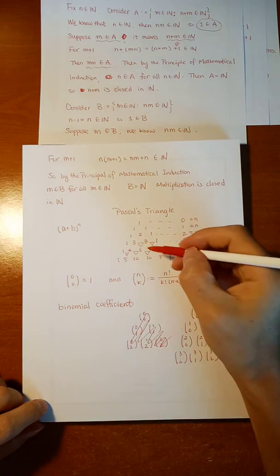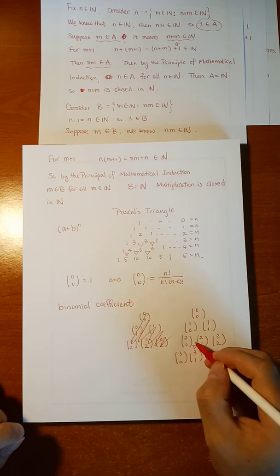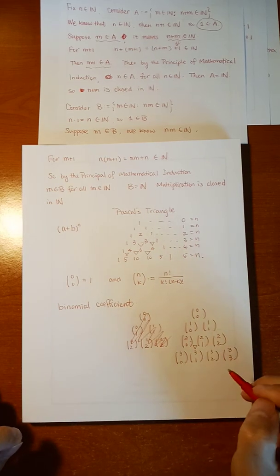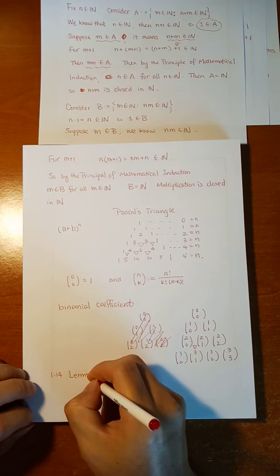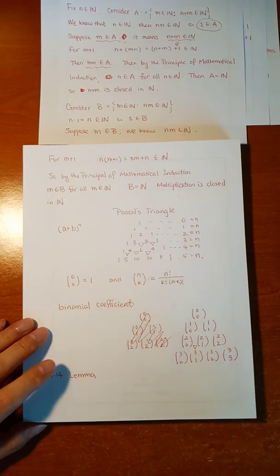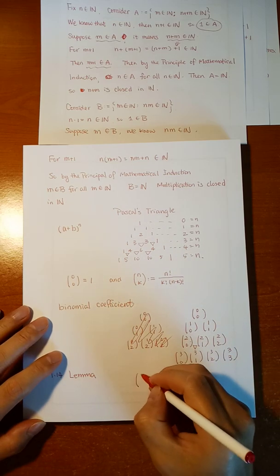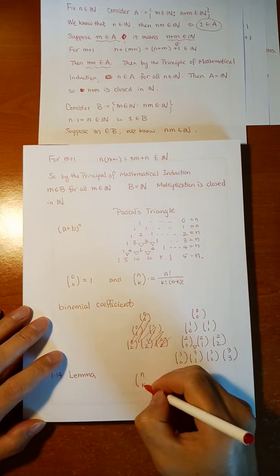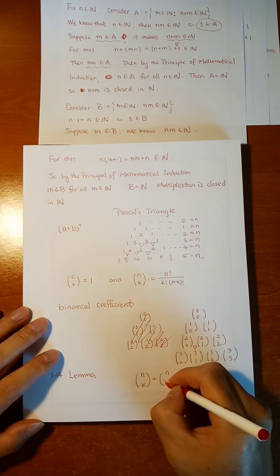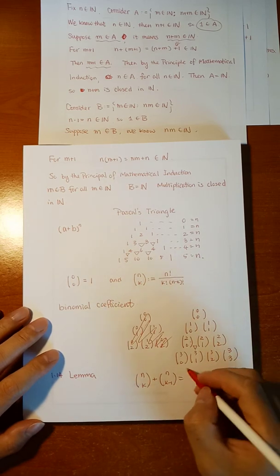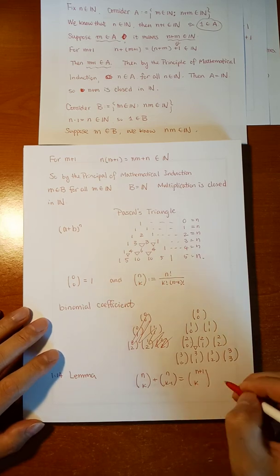Okay, and the property we have is this. We're trying to say that the sum of these two terms is the next one. So that's the lemma. The lemma says: the nth row, position k, plus its previous position, the nth row, position k minus 1, is equal to the (n plus 1)th row, position k.